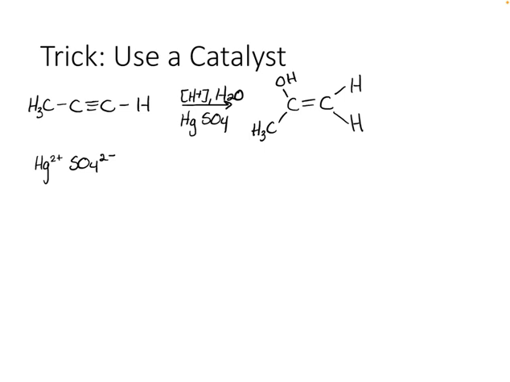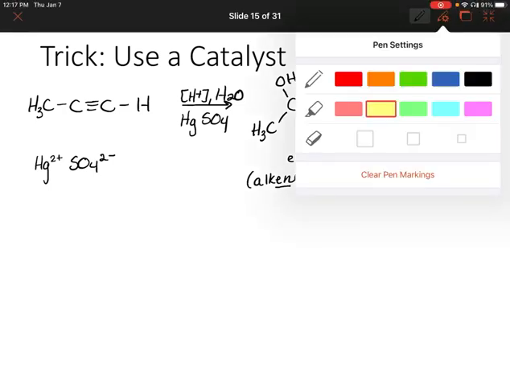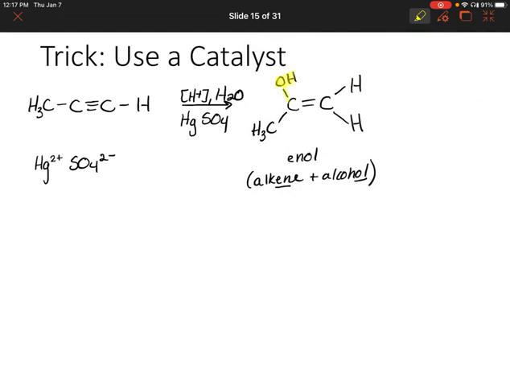So what we've formed here is called an enol. So it's a mixture of an alkene and an alcohol. En, and then we've got alcohol, ol. And I can highlight those important bonds.